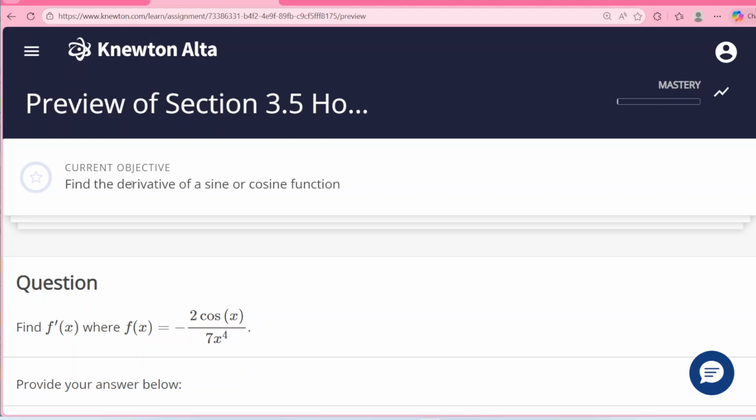Right, so now I'm bumped over to this other objective. Remember, the Knewton Alta does this interleaving where it switches you from objective to objective on occasion. So here's the objective: find the derivative of a sine or cosine function. So now I'm just going to see expressions that have sine or cosine in there somewhere.